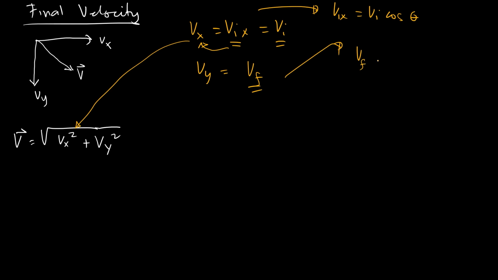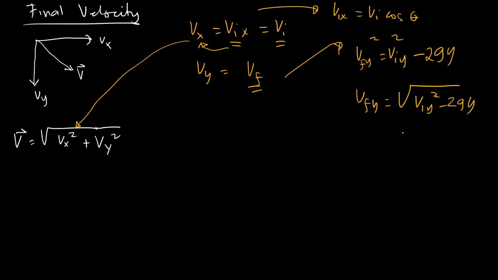v sub f y is equal to the square root of v sub i y squared minus 2gy, where v sub i y here is equal to v sub i sine theta.